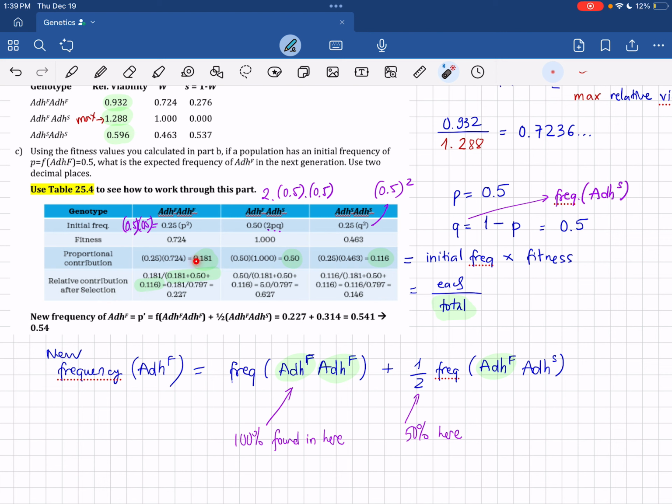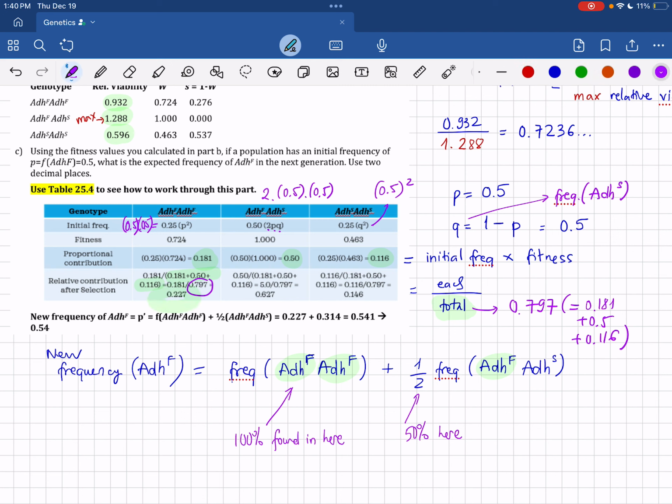The total here is 0.779, which we got from summing the 3 together. I will write it down here explicitly. Then you will find the relative contribution for this one here.